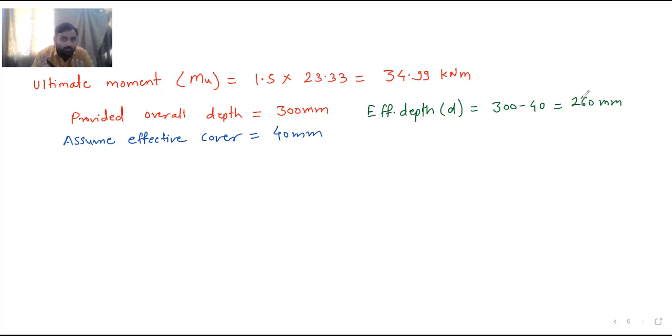Now we have got the value of bending moment. So now we just need to take the check for depth, whether this depth is sufficient or we have to revise the depth. That we need to check. So the next point is check for depth.